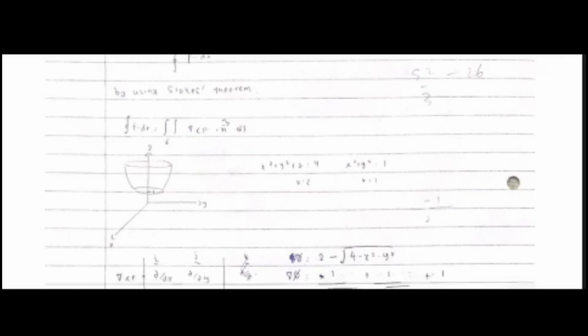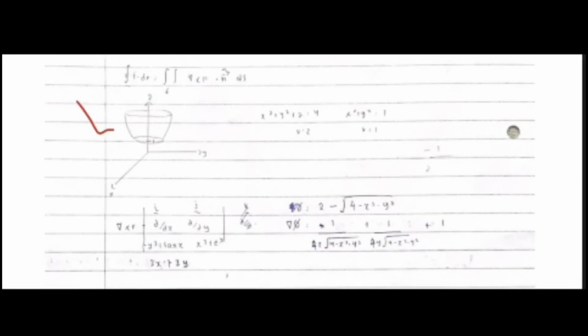So we need to evaluate the integral of F dot dr by using Stokes' theorem. So first, we need to sketch the graph for the hemisphere and the plane z equal to 1.